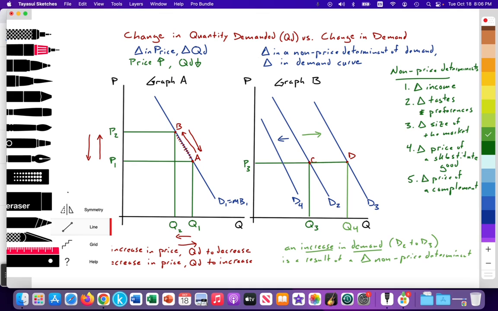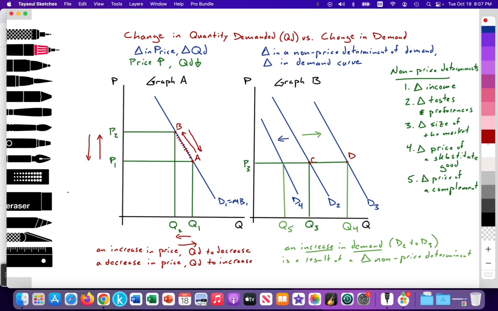And we have this reduced quantity along the demand curve of D4 from Q3 to Q5, and from point C to point E, my mistake.